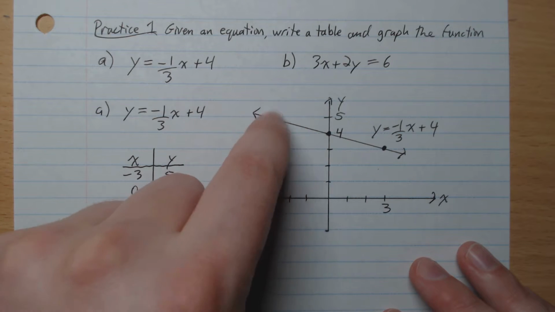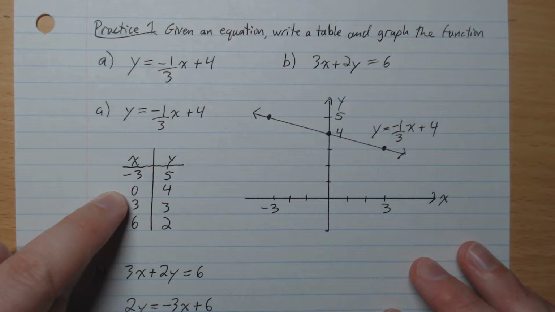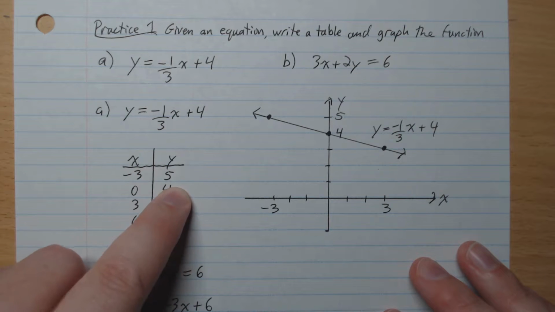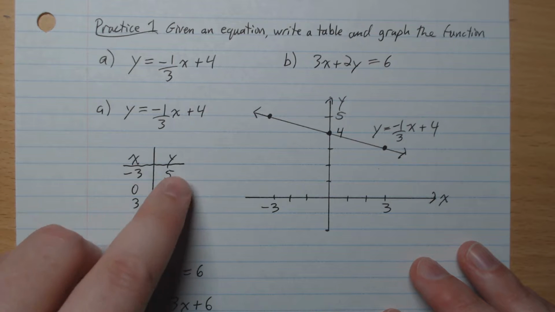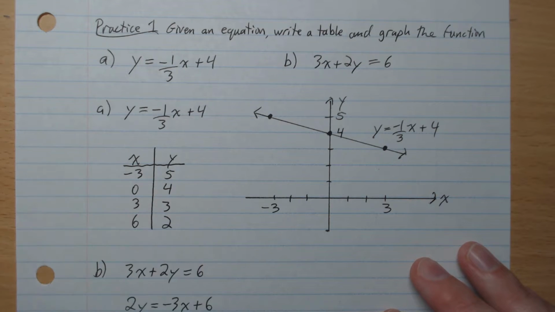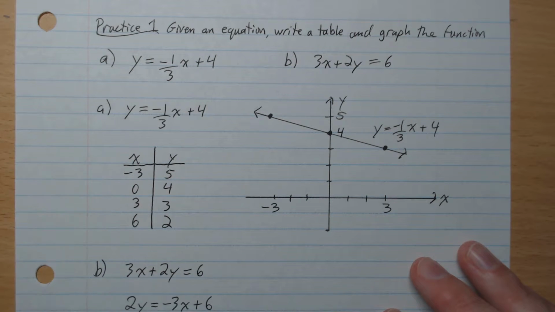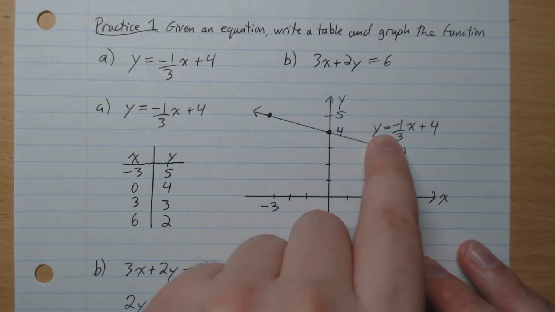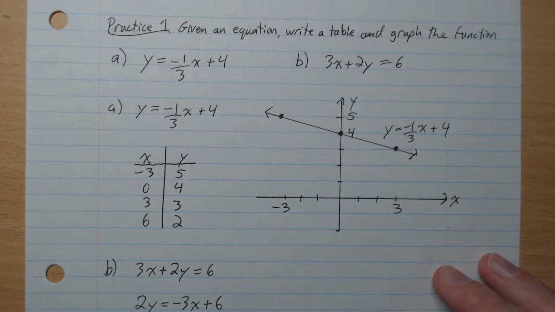Now we go up by 3 for x and down by 1 for y, change in y over change in x. Up by 3 for x, down by 1 for y. Then we can see which points are easy to graph, so these first 3. Negative 3, 5, 0, 4, and 3, 3 are points on the graph, and we graph the function as such.